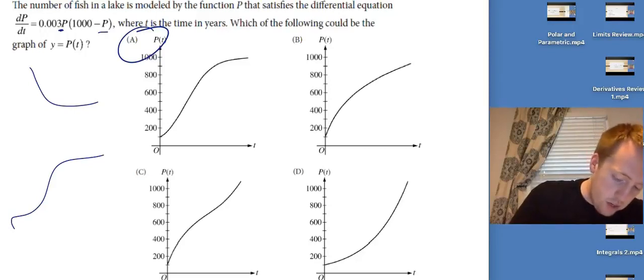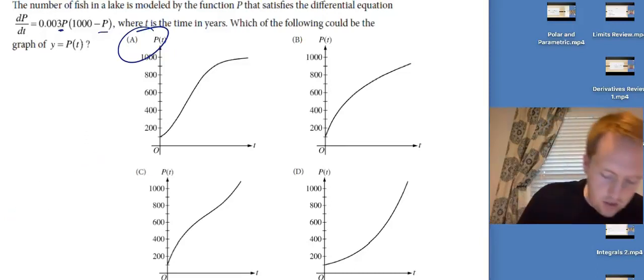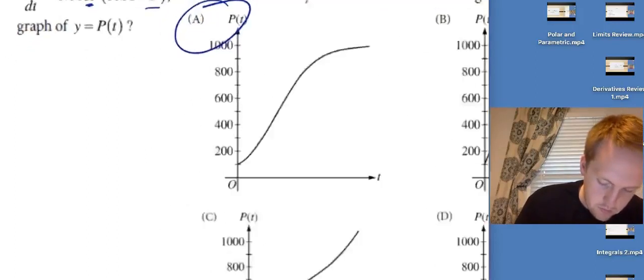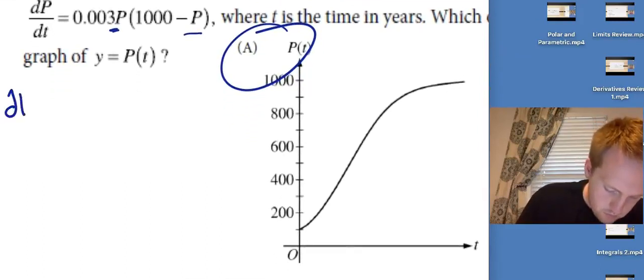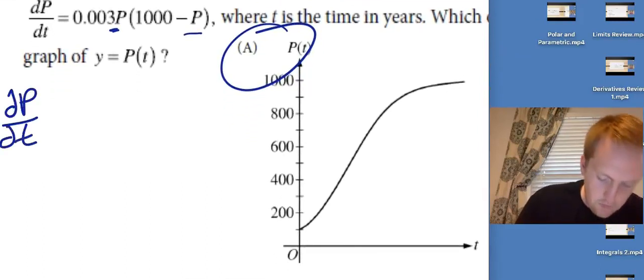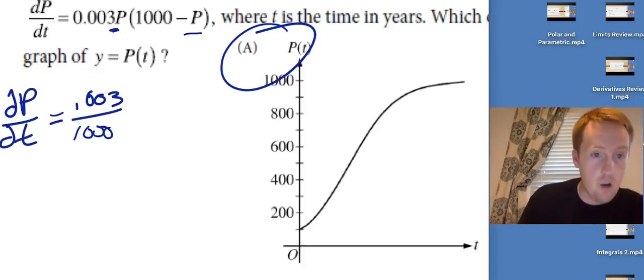But like I said, I want to do a little bit more analysis just so that you can see some other things. Like I was saying, we need to factor out that 1,000. So dP/dt, if I factor out 1,000, I'm going to leave this as a decimal with a fraction because I really don't care what that number is.